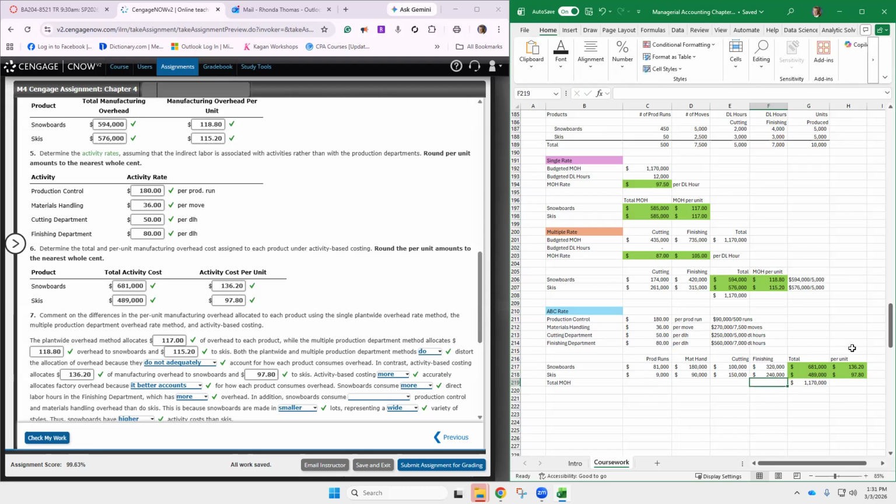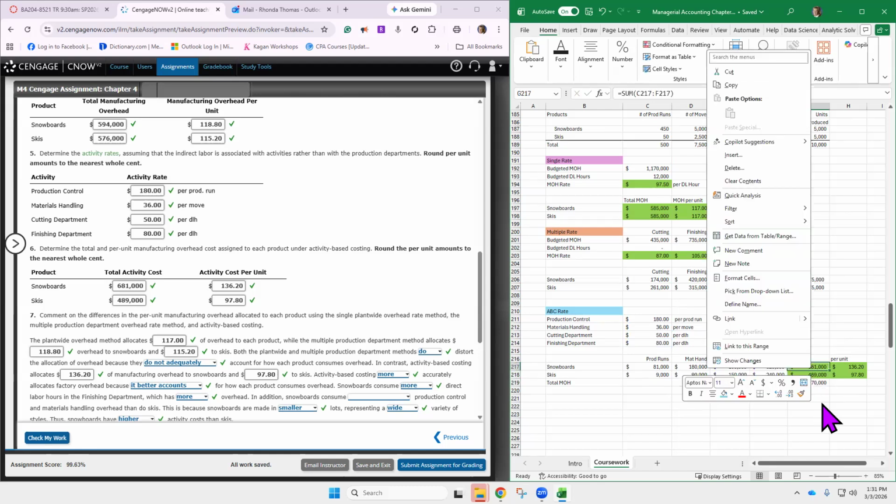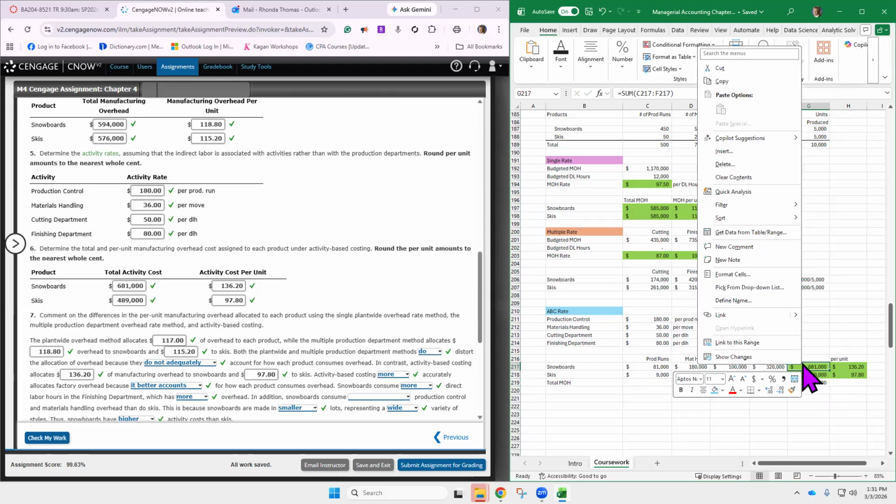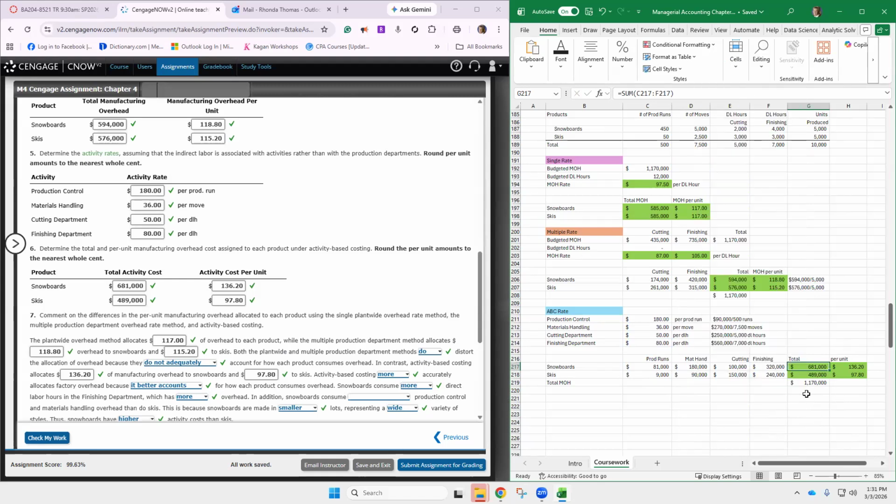Now you're going to add all four of these together. I did these separately so you can get an idea of what they were. So together, snowboards are going to get 681,000 of the overhead, and skis are going to get 489,000.